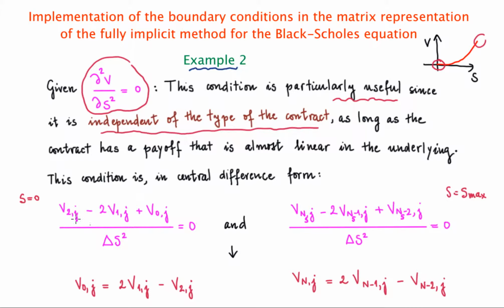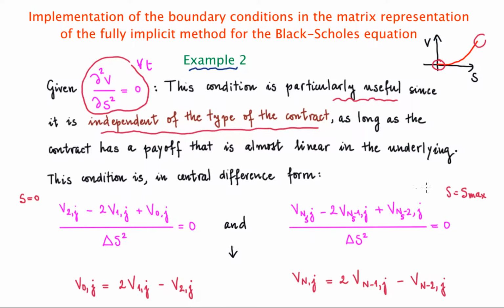As you can see here, because it involves 3 points, this finite difference representation is centered around 1. And of course, this condition is satisfied at any time. That's why the finite difference representation involves any j component here.